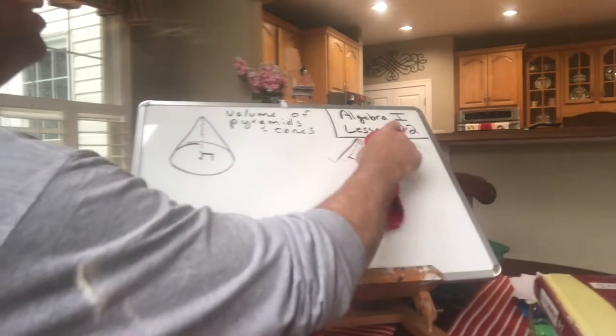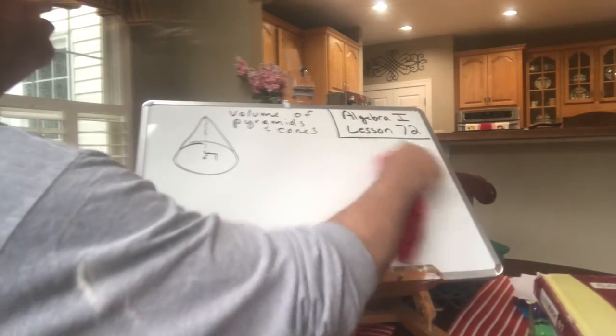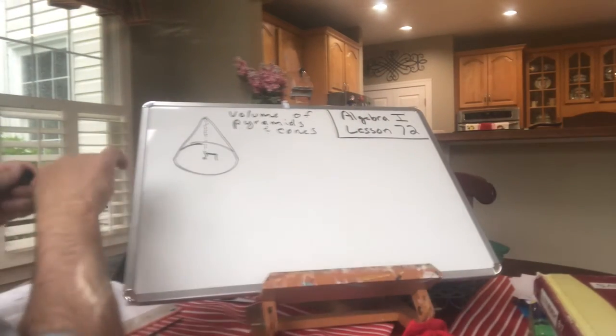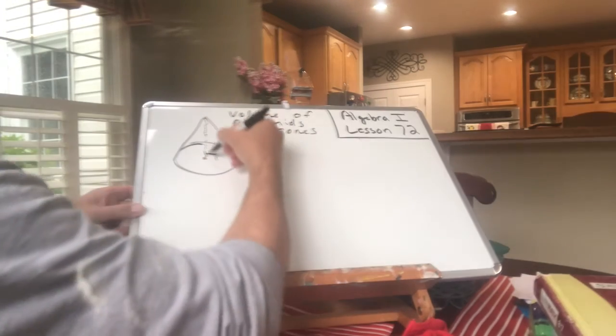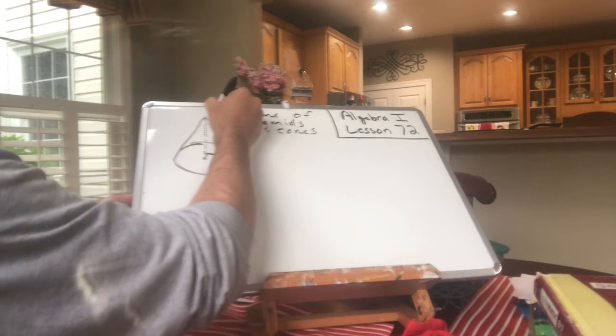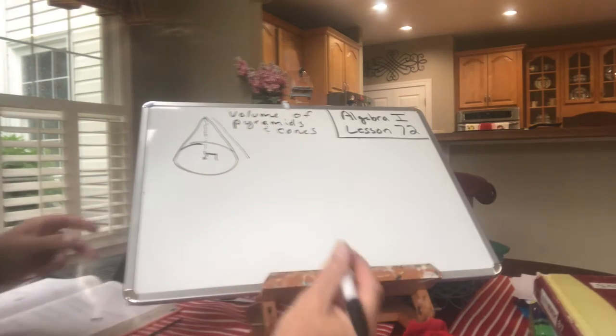It's a little bit harder because you have to factor in the slant height. The slant height, okay, we're not talking about the height right here, which goes right down the middle of the cone. We're talking about this slant right here.